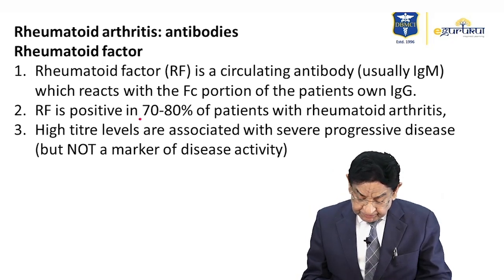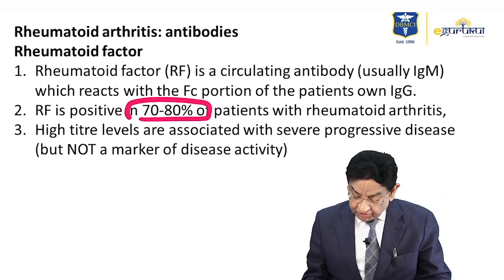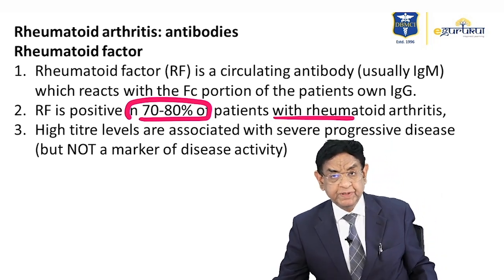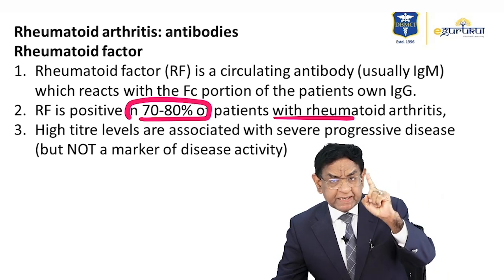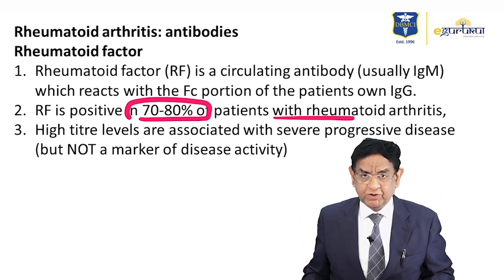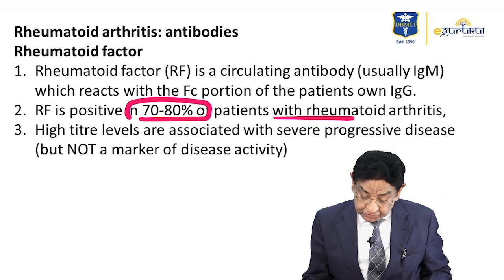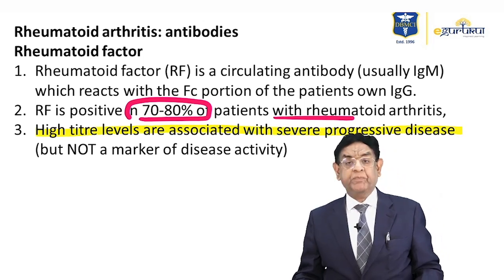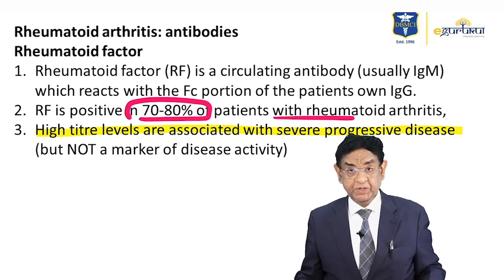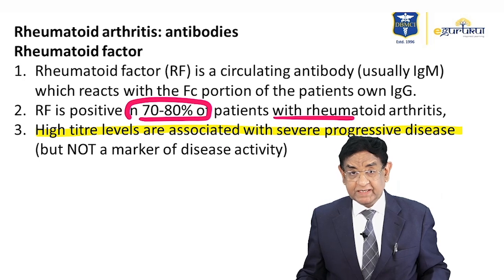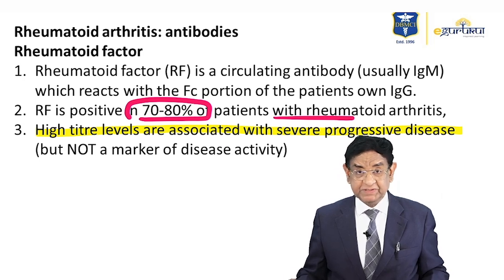It is positive in 70 to 80% of the patients with RA. Point to be noted very carefully: it is not present in 100% of cases. This is a very important point that you got to know. One more thing, high titers are associated with severe progressive disease. Point to be noted very carefully: the higher the titer, the more progressive the disease.